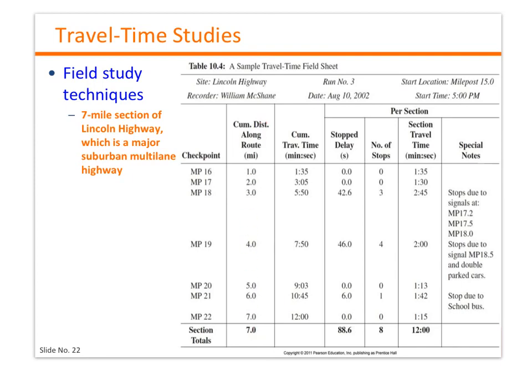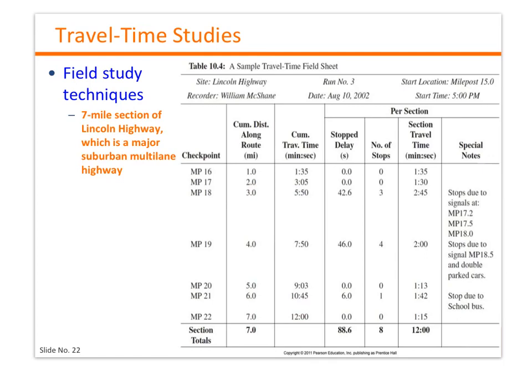The second column shows the cumulative distance along the route: 1 mile, 2 miles, 3 miles, all the way to mile post 22, where you have a total of 7 miles of length in that section. The third column shows the cumulative travel time.